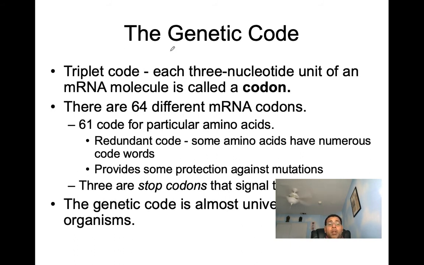Now of the 64 codons, 61 are going to code for amino acids, and the remaining 3 are going to code for stop codons. Those will be UGA, UAA, and UAG, which are going to signal polypeptide termination.